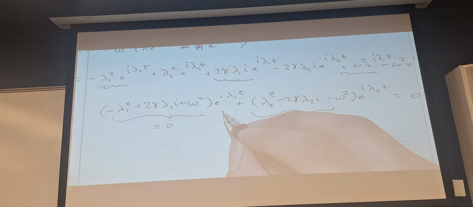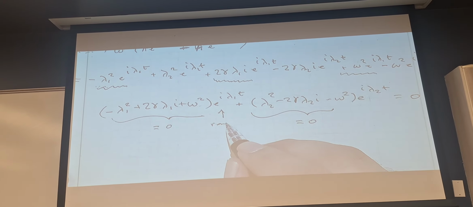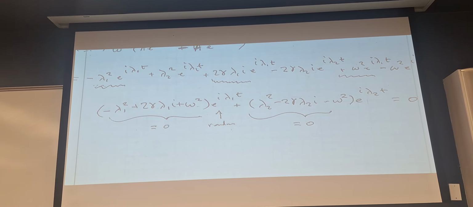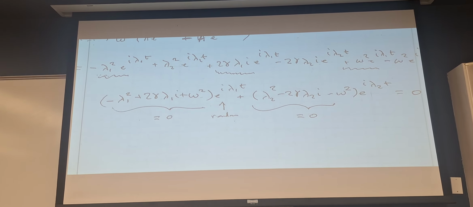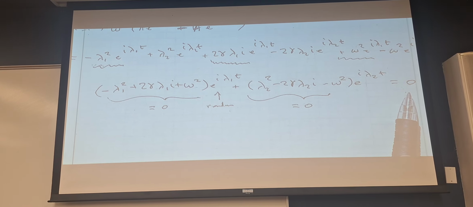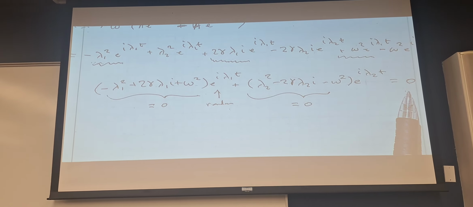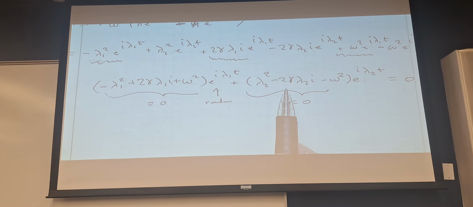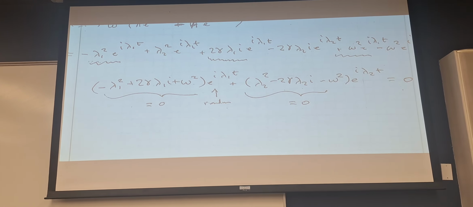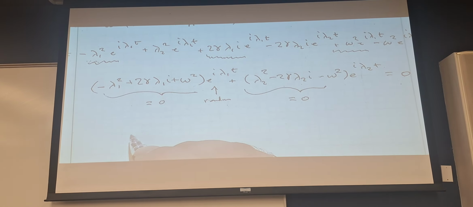These are random, right? They can be 0, they might not be 0, but t changes, so they might not necessarily be 0. But this equation states that this thing has to be 0 for all time. For that to be true, these coefficients out front need to be 0. So that means each one of these has to be 0.